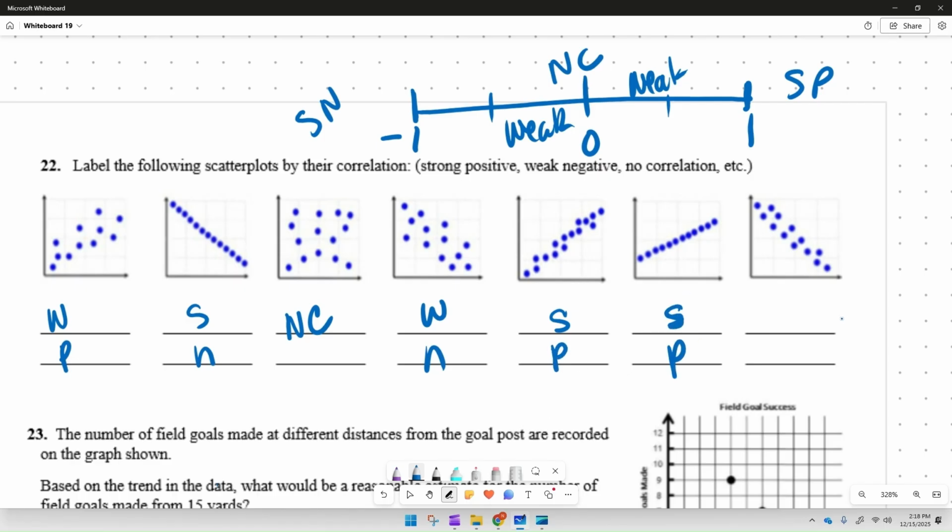I would also say that this one is strong negative versus weak, because if you compare this one here and this one there, this one is stronger in terms of being closer to 1. This is probably maybe 0.8 or 0.85 or something like that. So that's still a pretty strong correlation. All right.